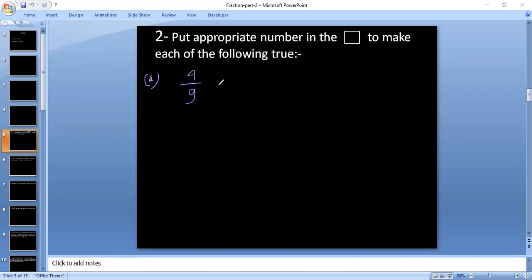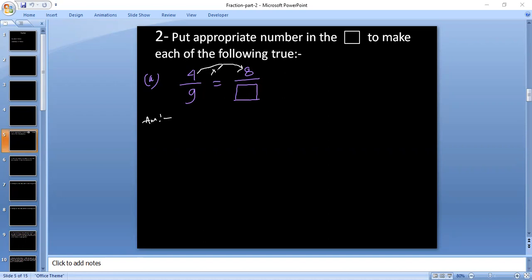Part A: 4/9 is equal to 8/dash. An equal to symbol is given, so both fractions are equivalent to each other. So how do you determine it? Observe that both numerators are present. How did 4 become 8?